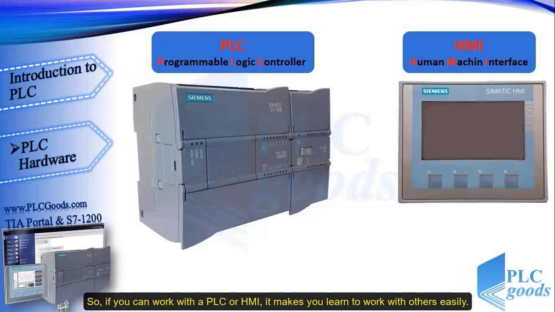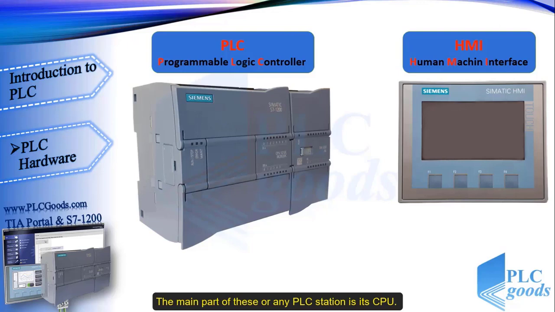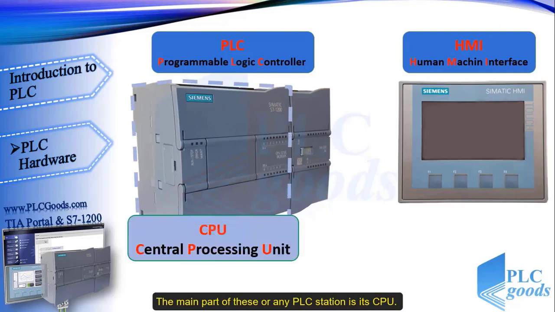So if you can work with a PLC or HMI, it makes you learn to work with others easily. The main part of these or any PLC station is its CPU. CPU is the written abbreviation of Central Processing Unit.